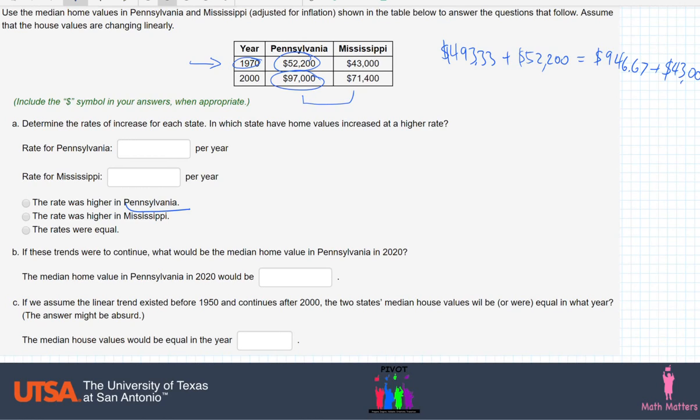Oh, let's not forget that these two are rates. So I'm going to add a t there, and t denotes time.